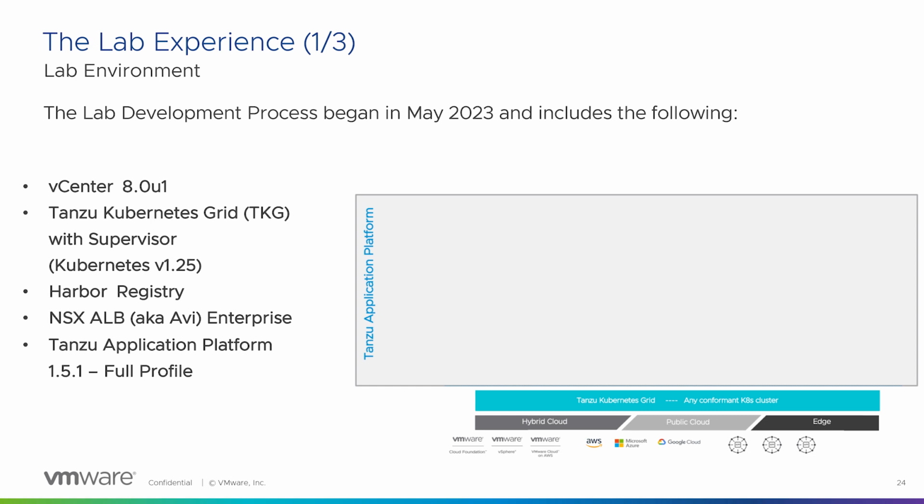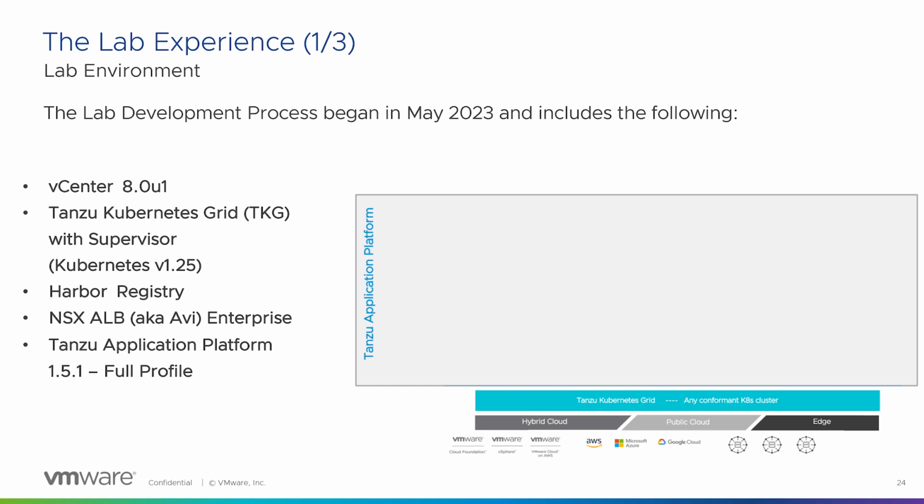Here, in the case of the lab, you have a full real-life environment, which is a vCenter with a few ESX hosts. We have Tanzu Kubernetes Grid installed on top of it, which provides Kubernetes clusters. We have a Harbor registry where we're going to store all our containers when an application is being built.